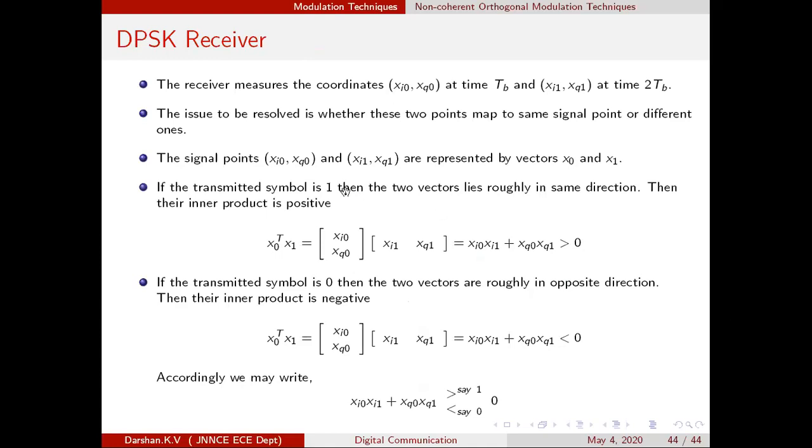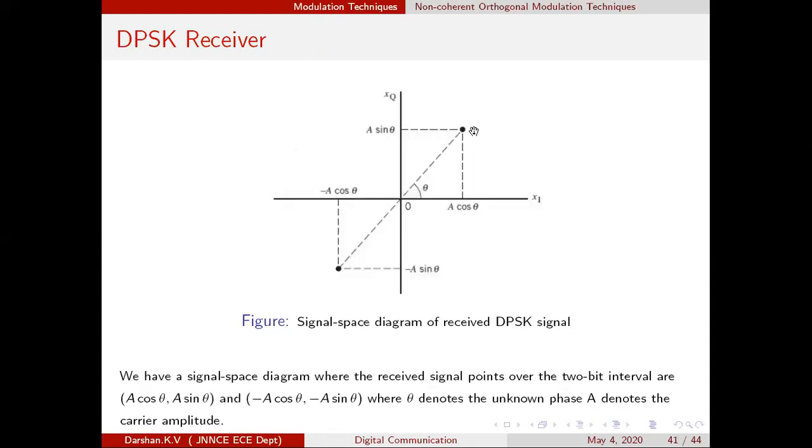So now what they are going to do is, they will have the point, and this would be the associated vector. If both the signals appear in phase, then the two points will appear over here, and the vectors will be in the same direction.